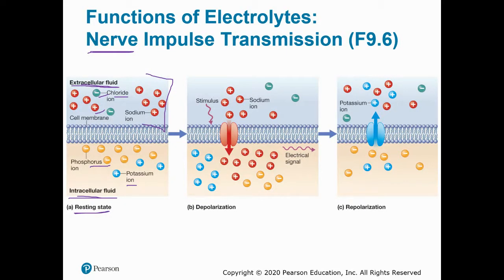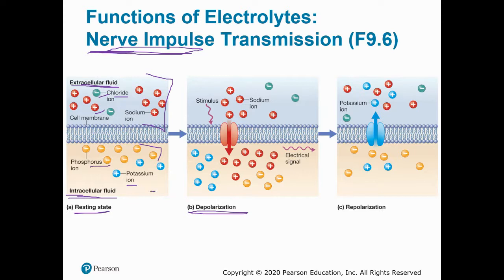So as a nerve starts to create this electrical impulse to communicate with the next neuron, we see this process of depolarization of the cell. So depolarizing, where it becomes less polar. So if we go back to the first image, you'll notice if you look at the amounts of pluses and minuses, anions and cations, inside and outside the cell, there's a lot more anion inside the cell.